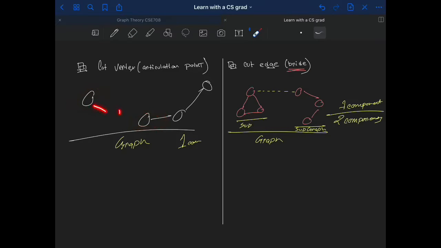If we remove that vertex, the graph is disconnected. We have two separate components and two separate subgraphs. So this vertex was the only thing connecting the two subgraphs together. This is called a cut vertex or an articulation point.